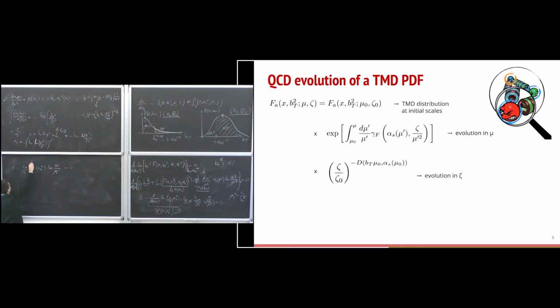Now if you plug alpha strong in here, we can actually invert and find the b_T saddle point as a function of q squared. This is the last step that we have to take care of before finding a solution. There's a little bit of algebra with the logs, but it should be okay.